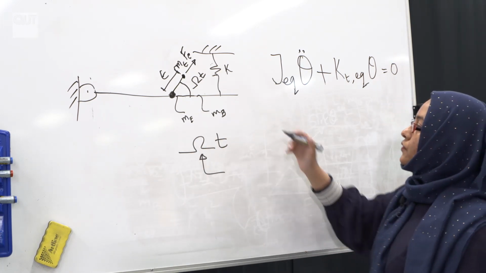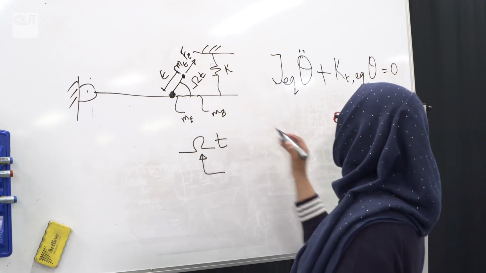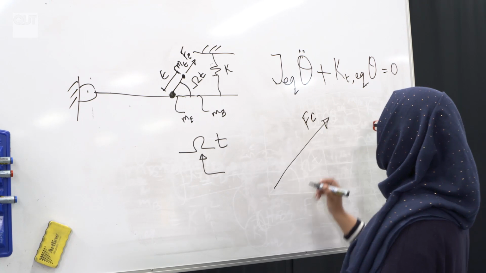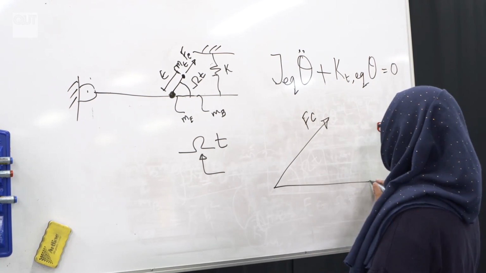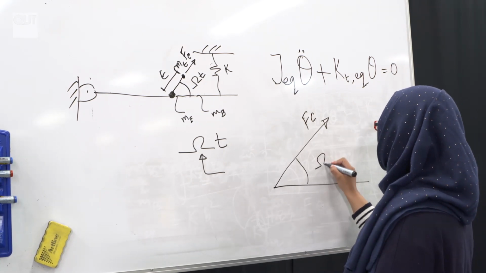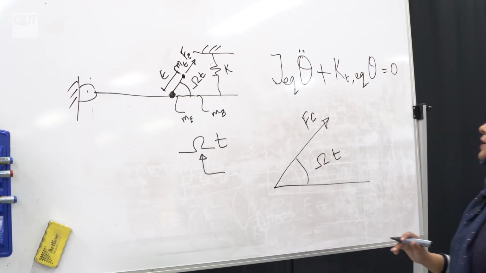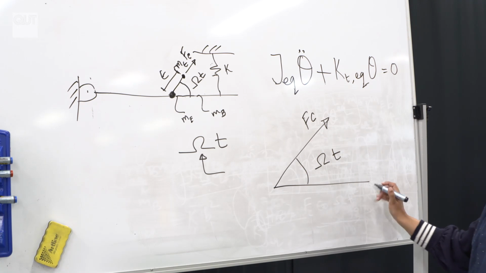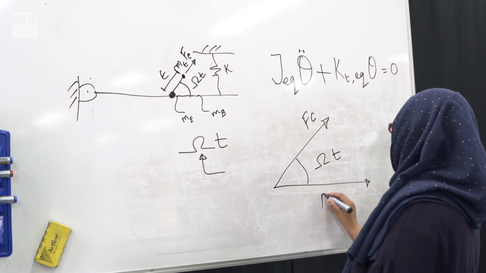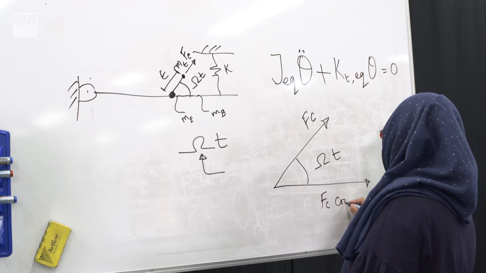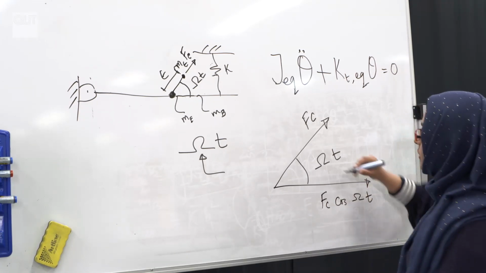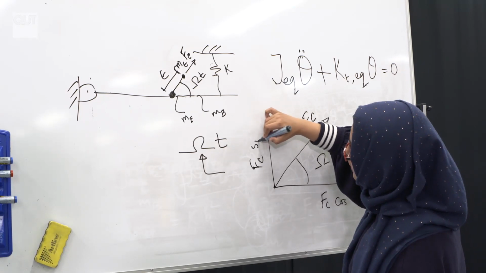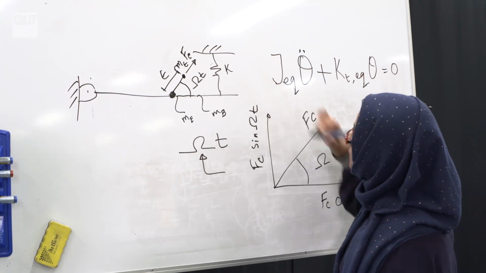If we draw this portion here, where Fc, the centrifugal force, is acting at an angle capital omega t, then this force should have two components. One is horizontal, which we can denote as Fc cos capital omega t. The other is the vertical component, which is Fc sin capital omega t.